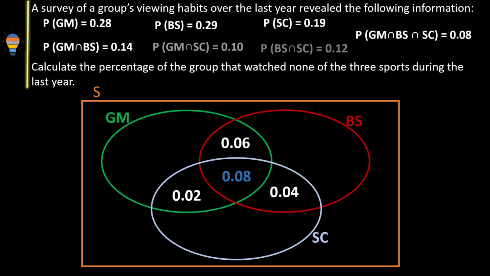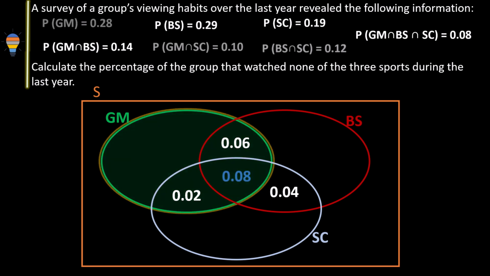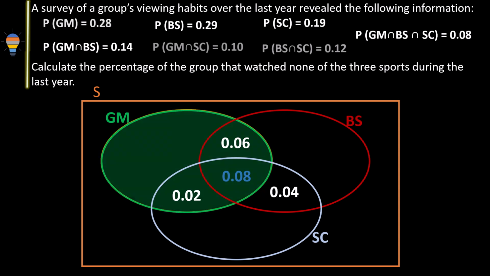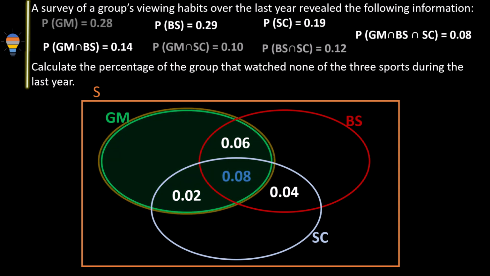Right. Now let me consider the probability of GM. In this circle, the probability must be 0.28. But we do already have some probabilities, 0.06, 0.08, 0.02. Add them together, that is 0.16.